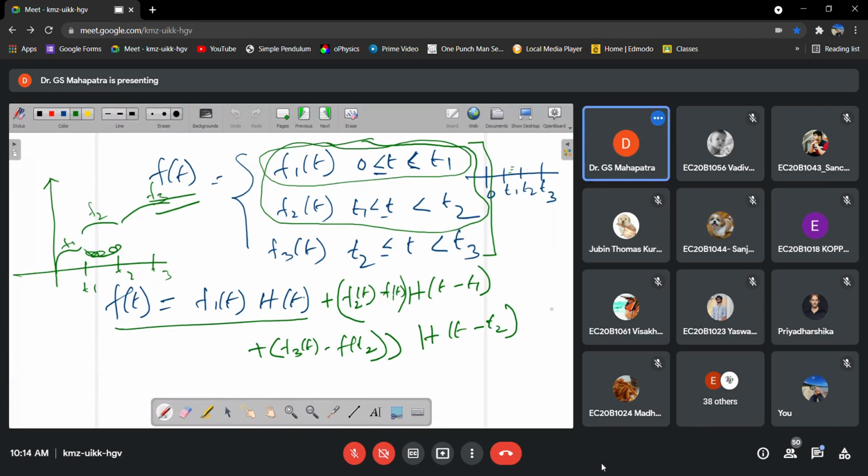Confusion. Okay, that's why step by step I have considered f1(t). If only f1(t) is there, what is the answer? I am not going to fuzzy logic, just a simple one. You know the washing machine, correct?